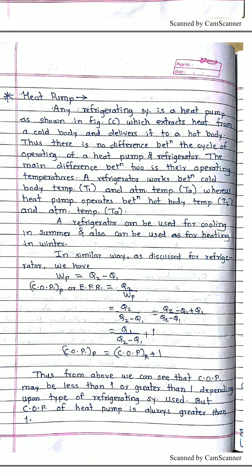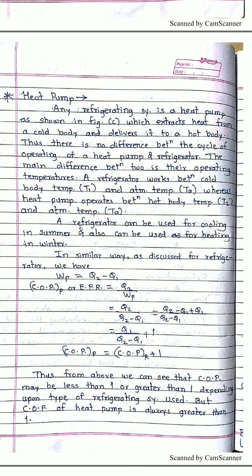So the upper side gives 1, so the COP of a pump is equal to Q1 upon Q2 minus Q1, plus 1. And this Q1 upon Q2 minus Q1 is heat extracted divided by work input, which is the COP of a refrigerator. So always remember this formula: COP of a heat pump is equal to COP of a refrigerator plus 1.